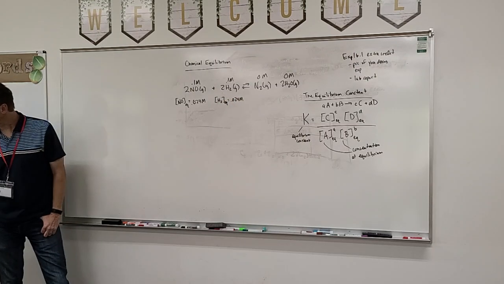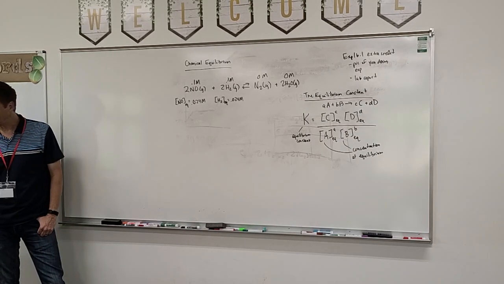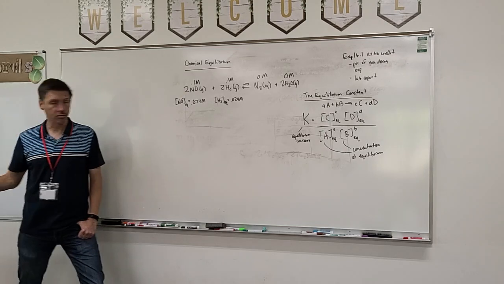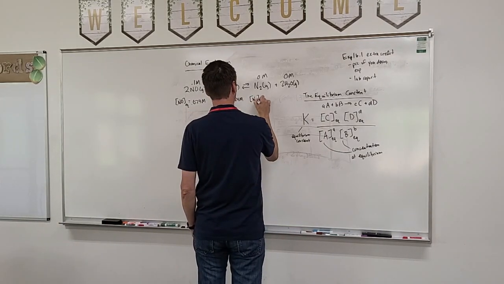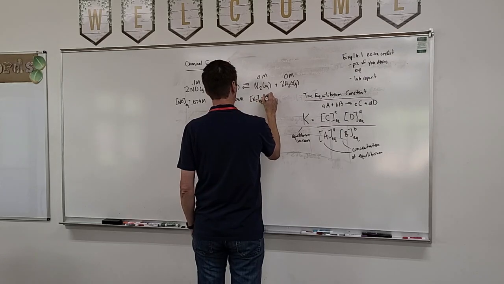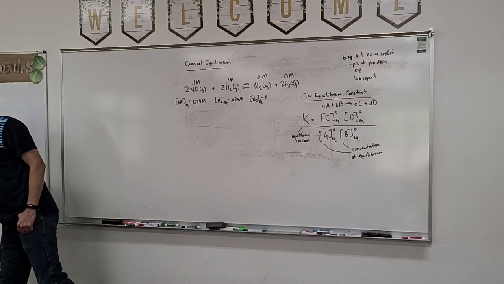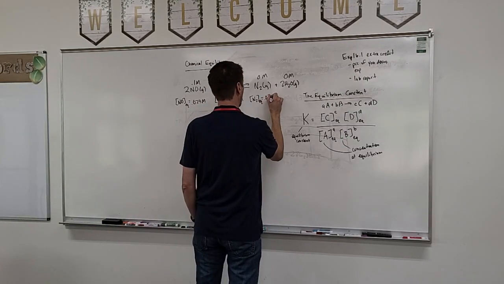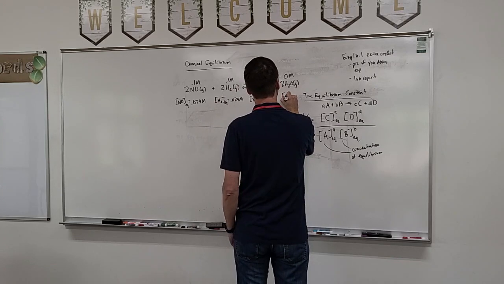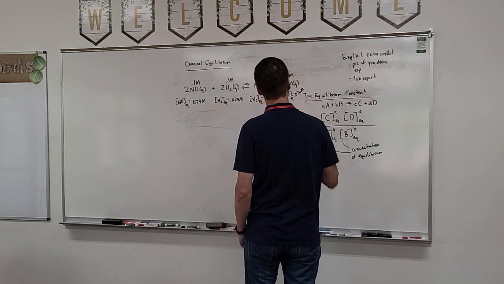And then the concentration of N2 is 0.038 at equilibrium. Was it 3.8? Is that what I said? 3.8 and 7.6, yeah. So 3.8. And then the concentration of H2O at equilibrium is 0.076.